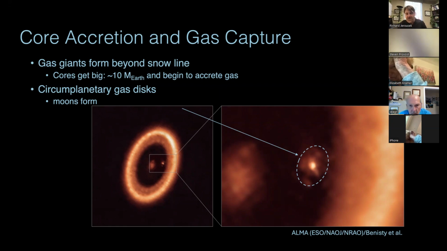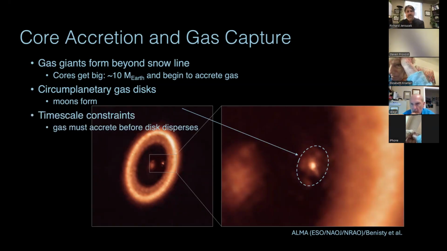And then what's kind of hard to see, but is definitely there, is a brighter patch around that planet, which is the circumplanetary disk that will go and form moons for this Jovian planet orbiting a newly forming star.